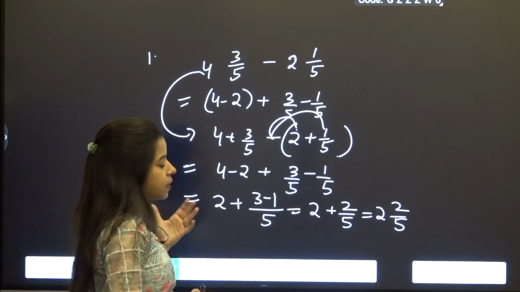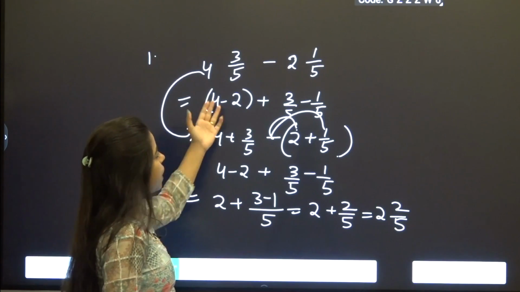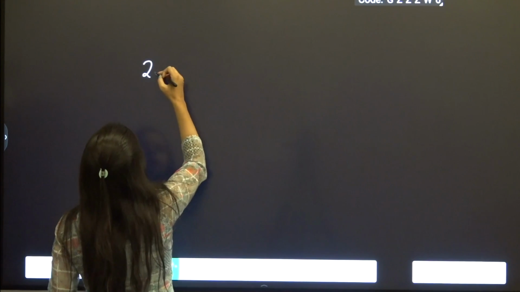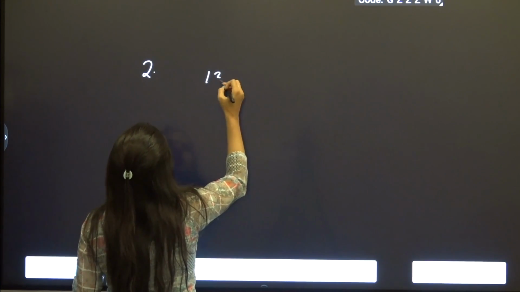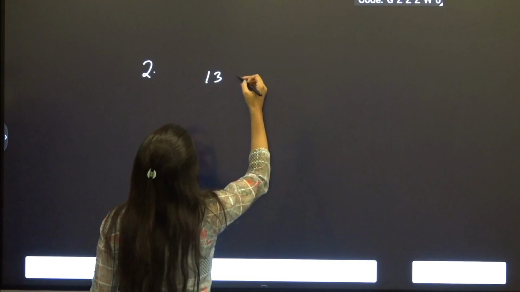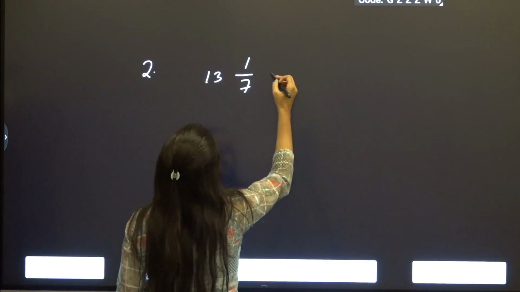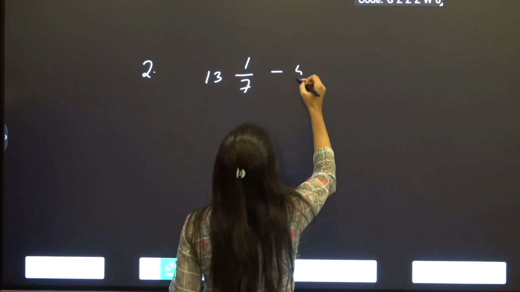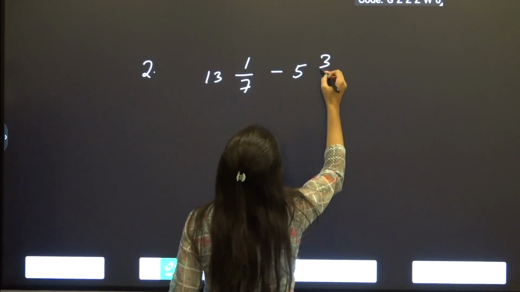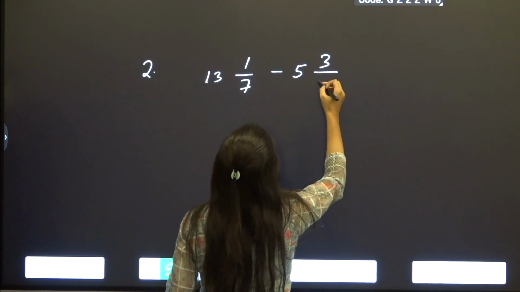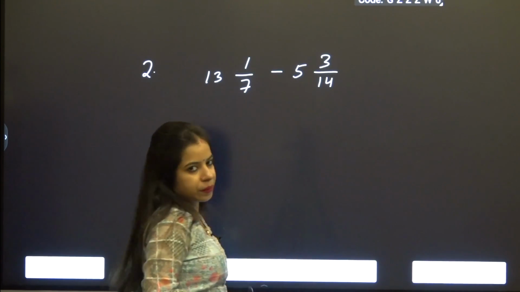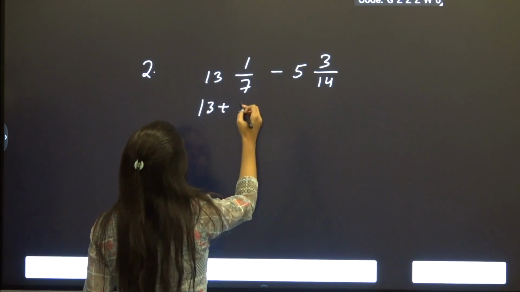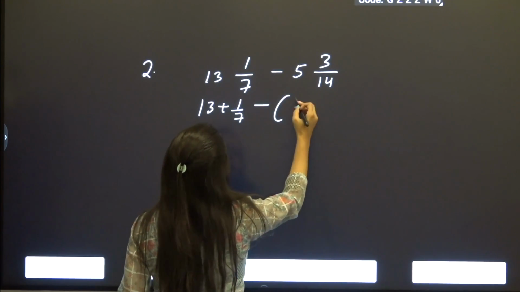Okay. And similarly we can do when the fractions are unlike. Let us take an example. Say we have 13 1 by 7 minus, we have say 5 3 by 14.